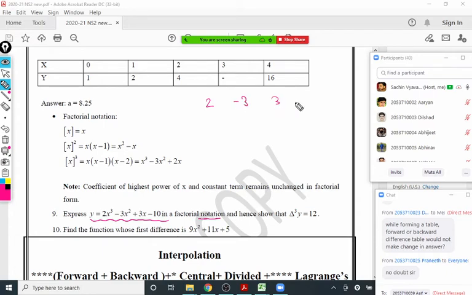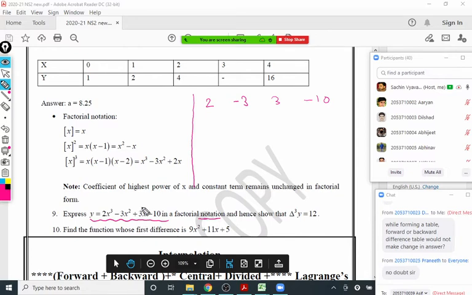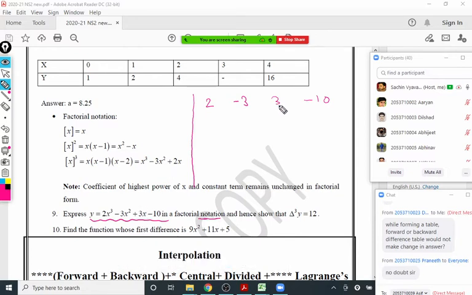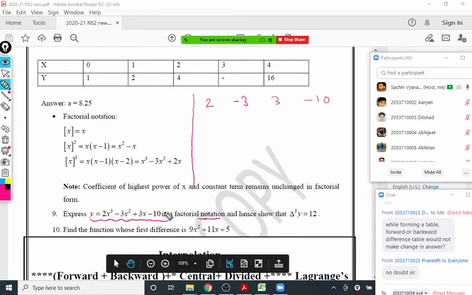The x coefficient is 3, and minus 10 is the constant. So in step number 1, just write the coefficients of x cube, x square, x and the constant. Suppose 3x is not there, then you write 0x; 0 should be written there. So write all the coefficients in decreasing order: 2, minus 3, 3, minus 10.